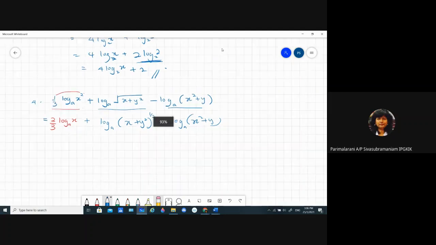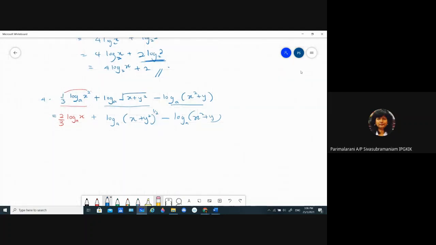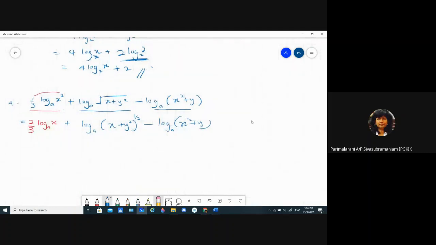Okay. Let's continue with this first. So this is 2 over 3 log x base a plus half log x plus y squared base a minus log x squared plus y base a.